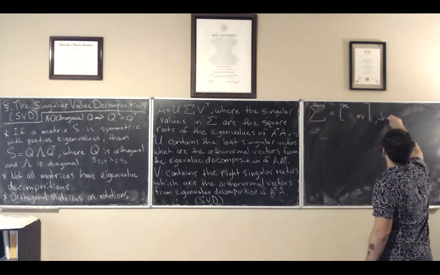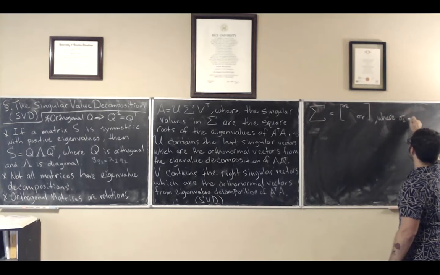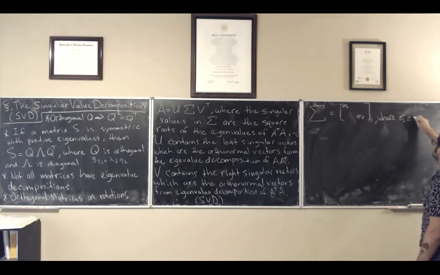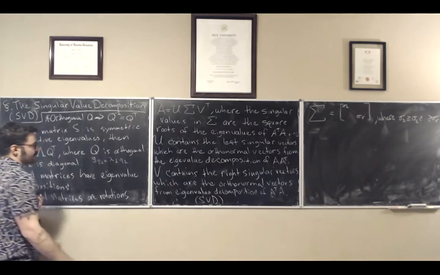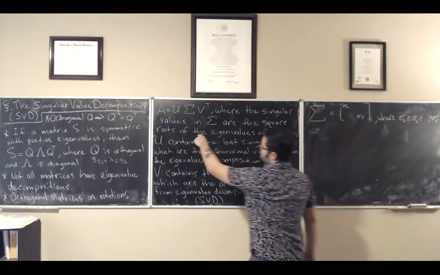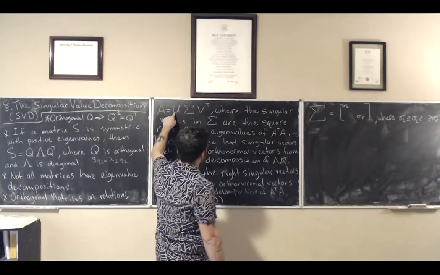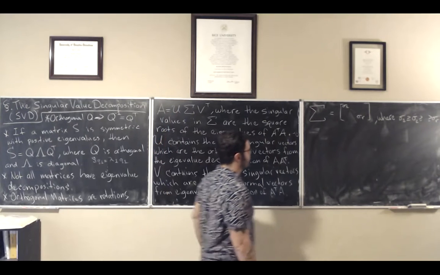So these singular values are listed in non-increasing order. The top singular value is the largest, the second singular value is the second largest, and the corresponding singular vectors in U are listed in the same way.